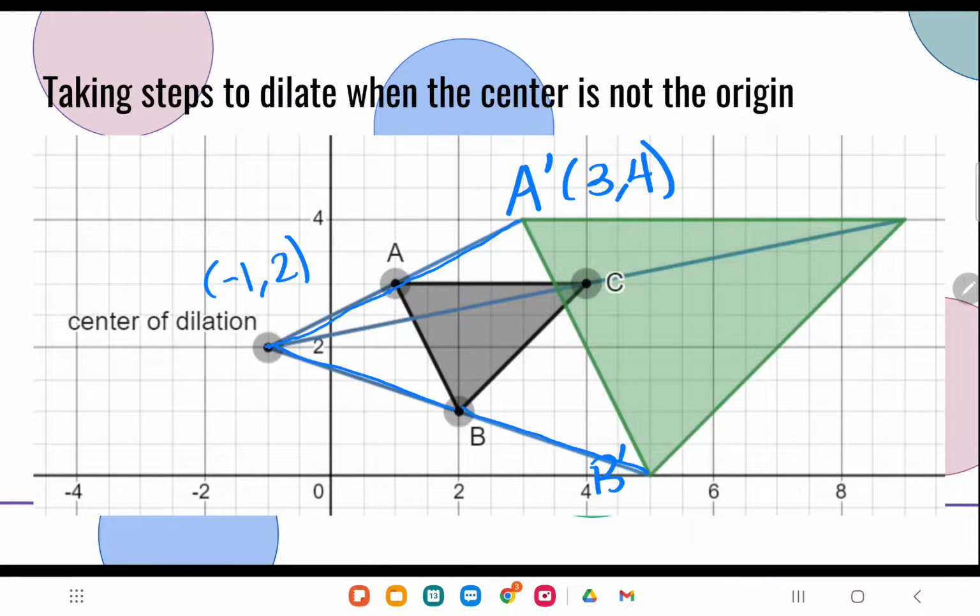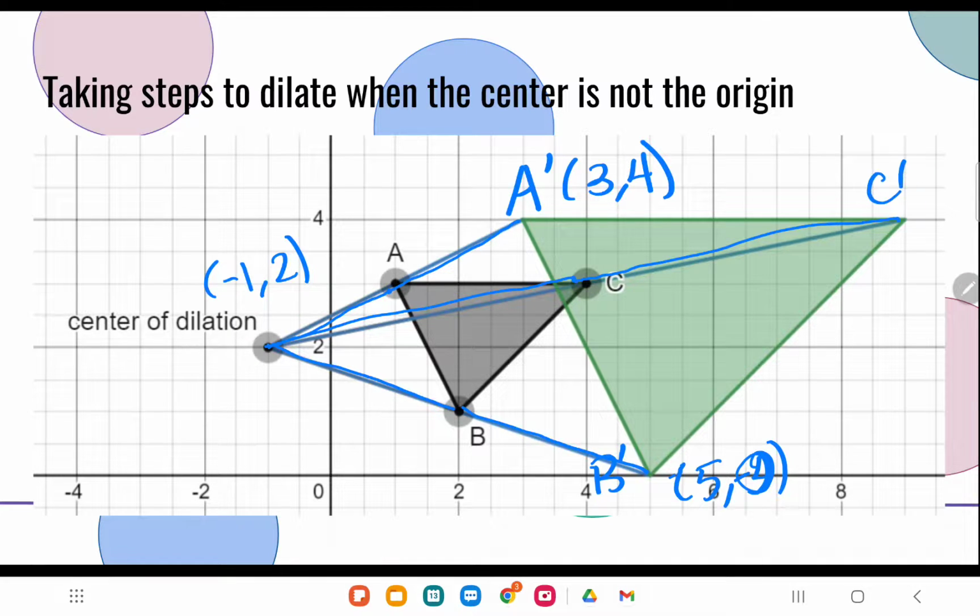That puts B prime at 5, 0. And finally, instead of going right 5 and up 1, I'll be going right 10 and up 2 from the center of dilation.